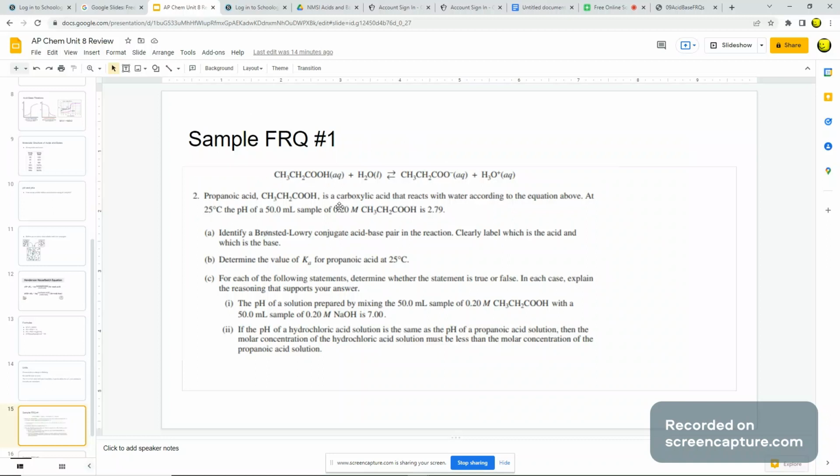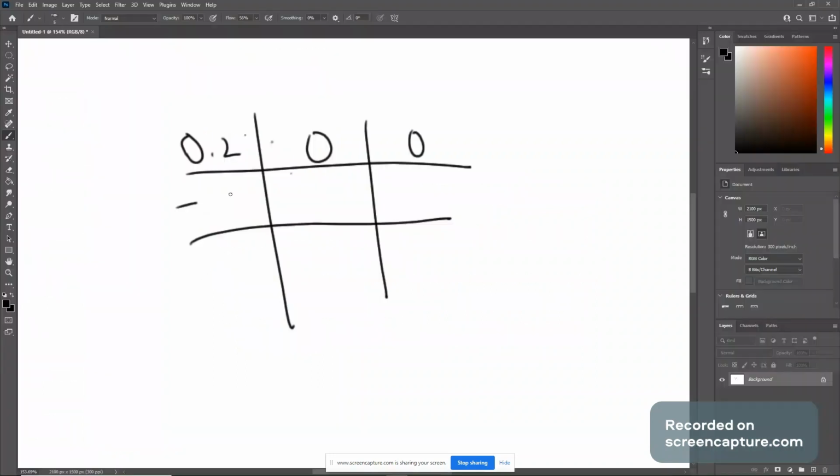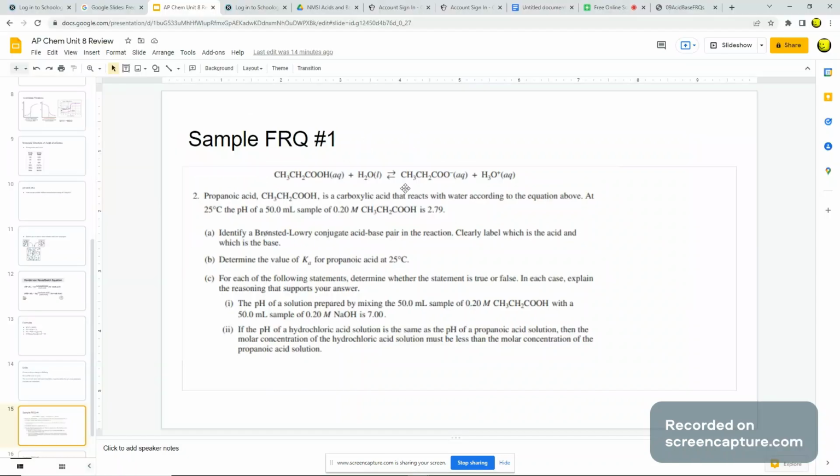And then what happens is that this reacts. So we're going to be subtracting something here, and this is going to be gaining. But how much are we subtracting? How much are we gaining? We can find that using this pH right here, 2.79. If we do 10 to the negative 2.79, we can find the concentration of the hydrogen ions in the solution.